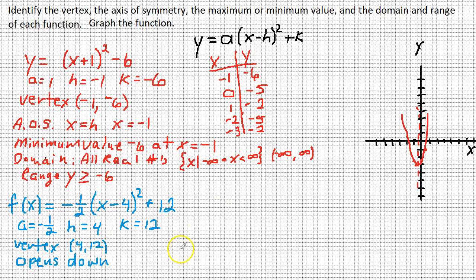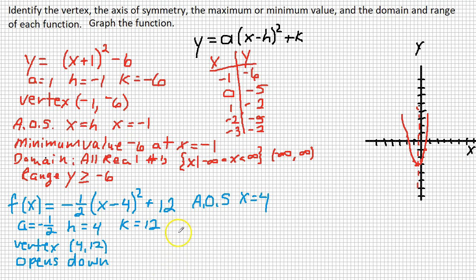Now the axis of symmetry, the AOS, is the vertical line x equals h, so x equals 4. Because this opens down, it's going to open upside down. We're going to have a top of a hill, so we will actually have a maximum value.